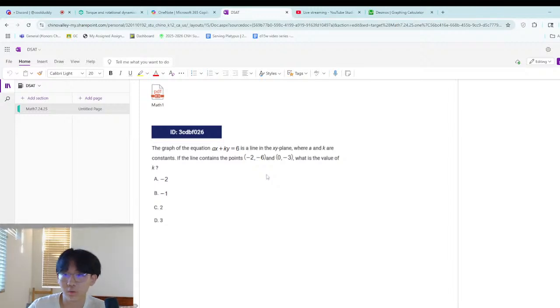Again, if you guys have any questions, feel free to let us know. Well, you're gonna substitute in one of these points. So let's substitute in -2 and -6.